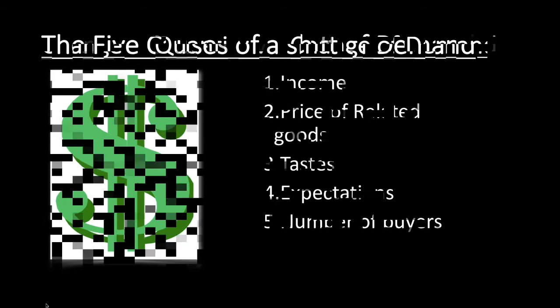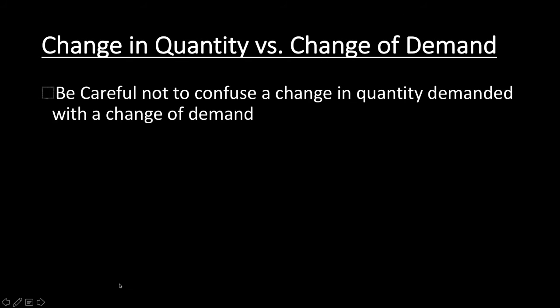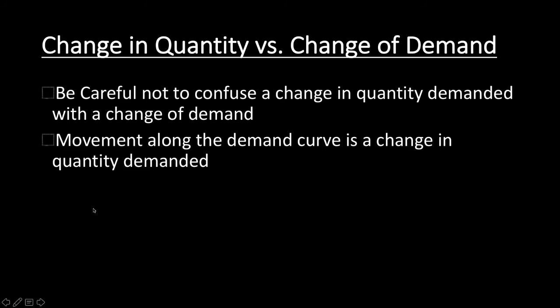Now, a quick note about shifting demand curves. The most common mistake in AP economics, and it has been the most common mistake for the last 10 years, is confusing a change in quantity demanded with a change of demand. Movements along a demand curve, from one point on a single demand curve to another point on the same demand curve, are known as a change in quantity demanded.